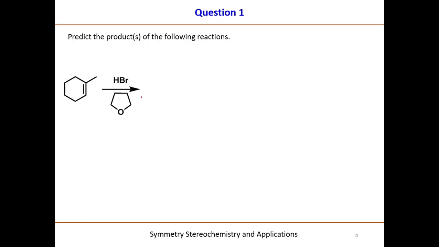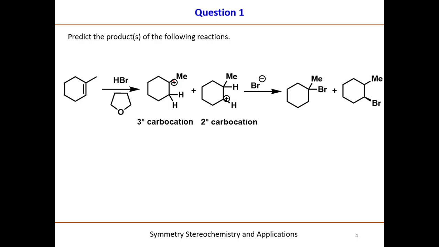Okay. So what will happen again? Carbocation formation will take place as in an SN1 type reaction. So here this carbon will get protonated and we will get carbocation formation here. Now because this carbocation is a tertiary carbocation, it is a more stable carbocation. So the reaction which proceeds through this carbocation will give the major product, and the reaction which proceeds via secondary carbocation formation will give a minor product.